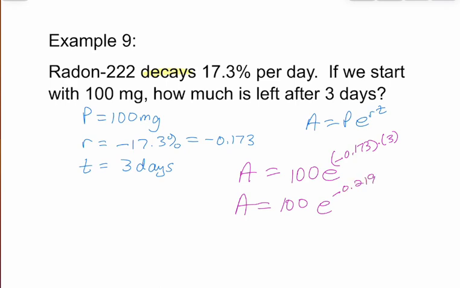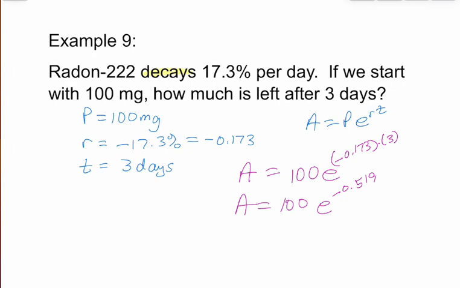So by doing that power first, it gives us the chance that we may not make a mistake.